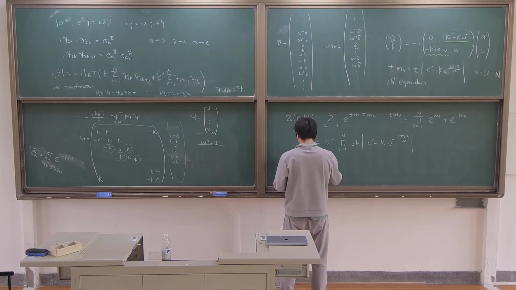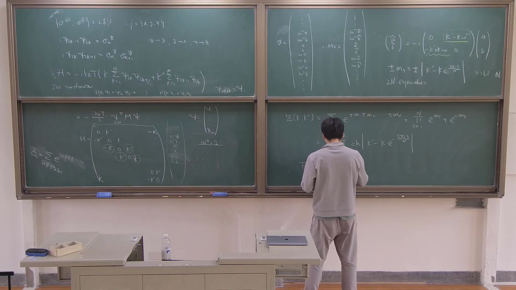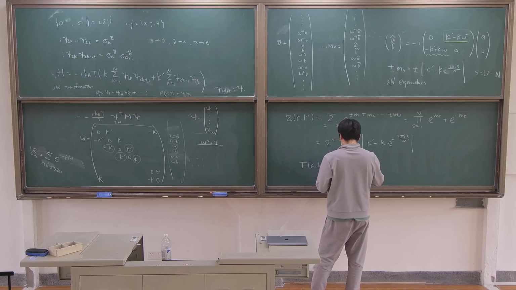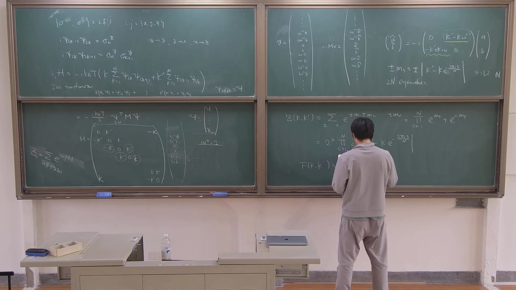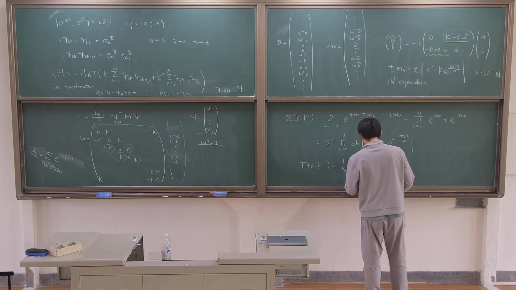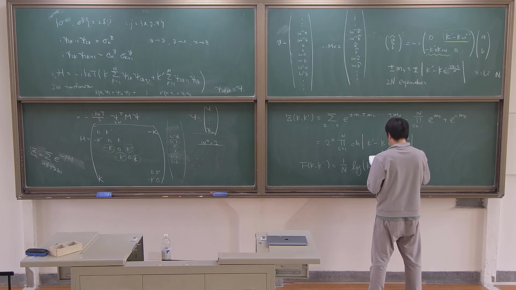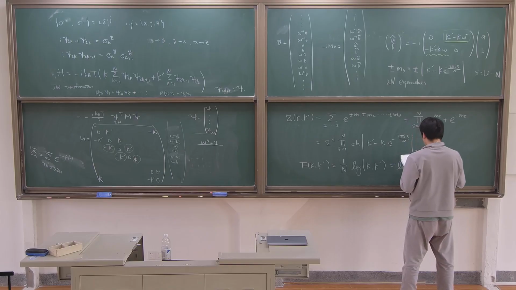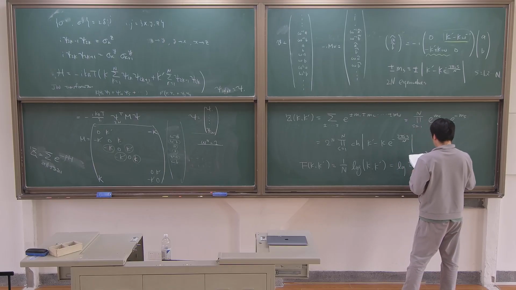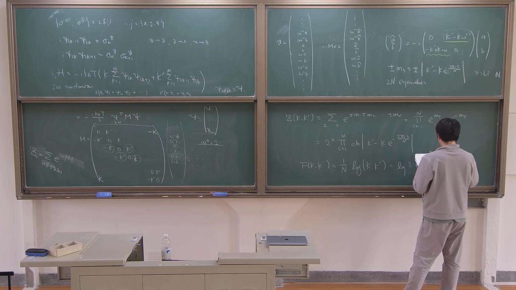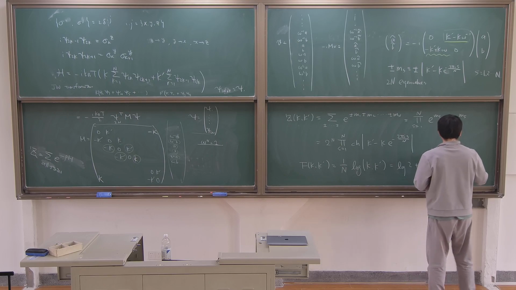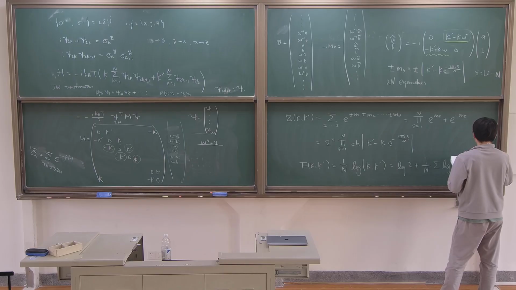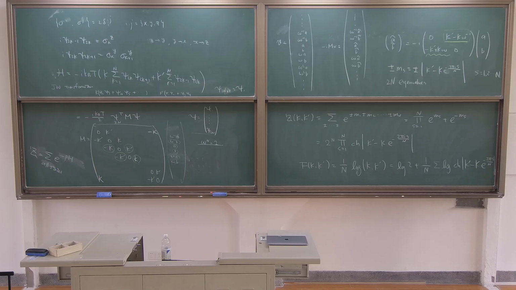Free energy is 1 over n log k prime, and then equal to log 2 plus 1 over n sum over, like this, the free energy, like this.